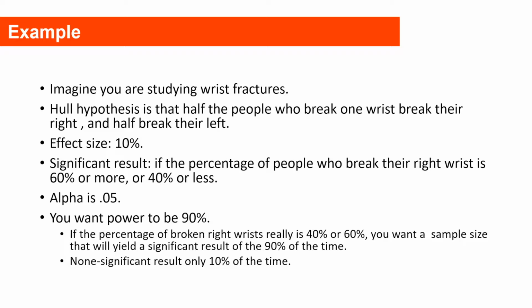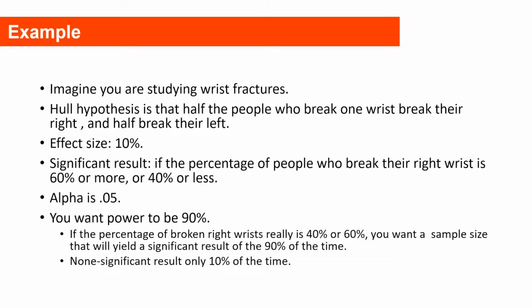The significant result is if the percentage of people who break their right wrist is 60% or more, or 40% or less. The alpha is 0.05 as usual.